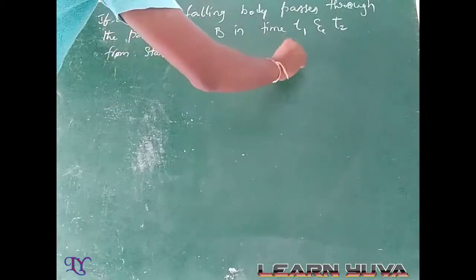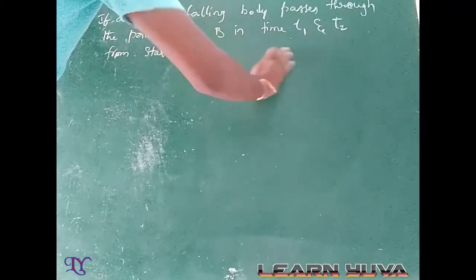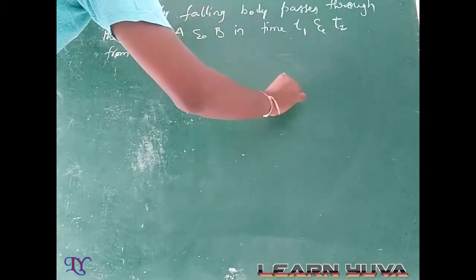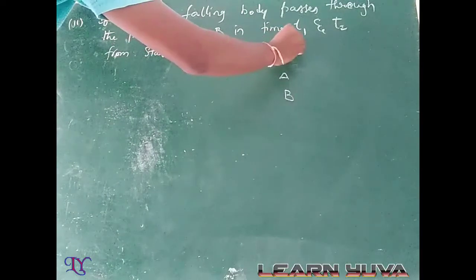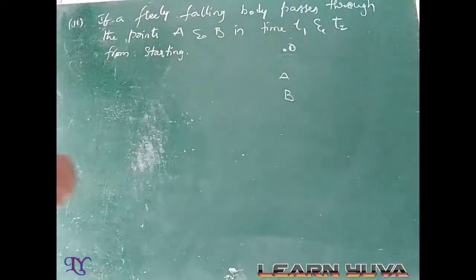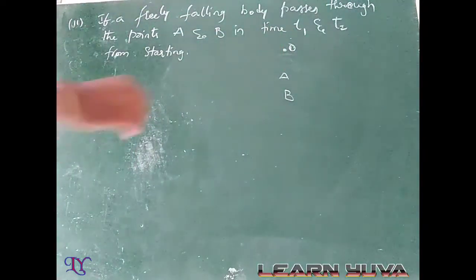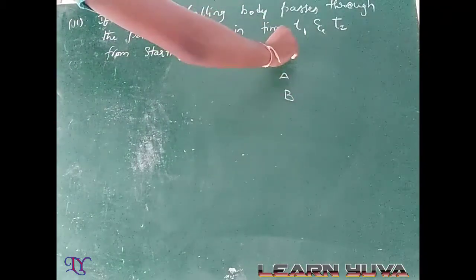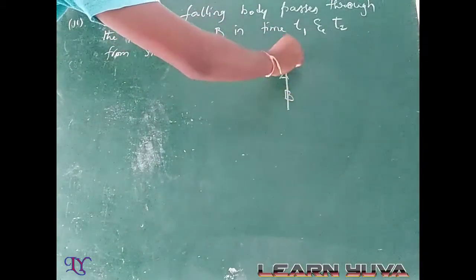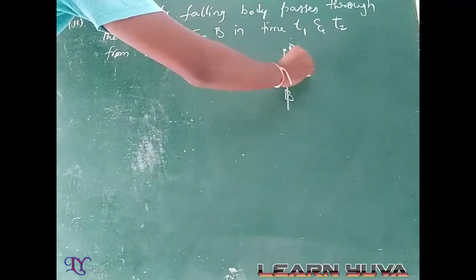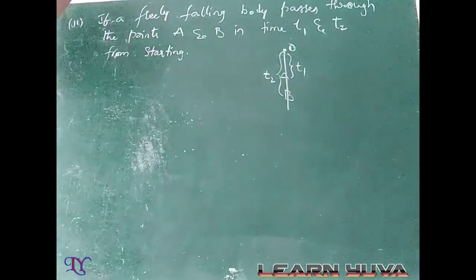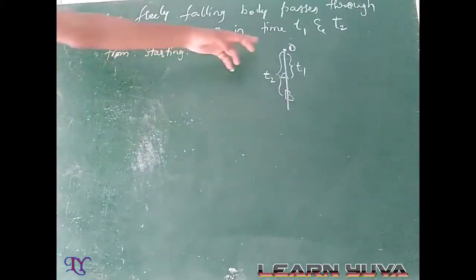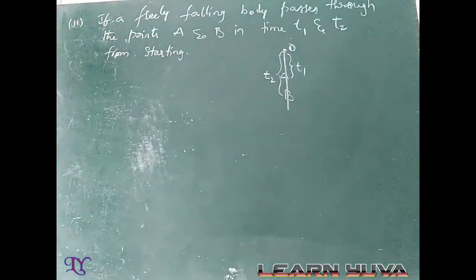For example, A and B are the two points, and here it is a freely falling body. This freely falling body passes through the points A and B, and it takes the time t1 and the time t2 to reach the points A and B from the starting point.